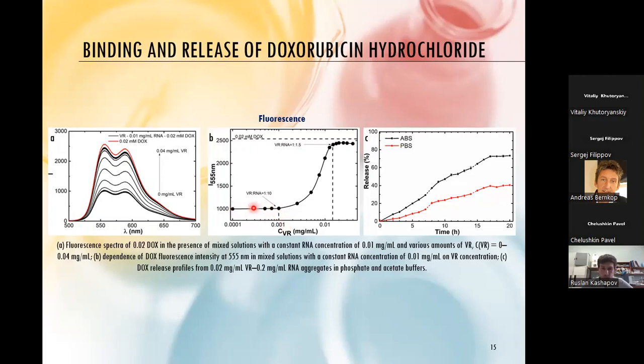Addition of the first portions of macrocycle up to a tenfold excess of NEA doesn't lead to an increase in the intensity of doxorubicin fluorescence, but an increase in the emission is observed at a higher concentration of calixarene, due to doxorubicin release from the complex with NEA.